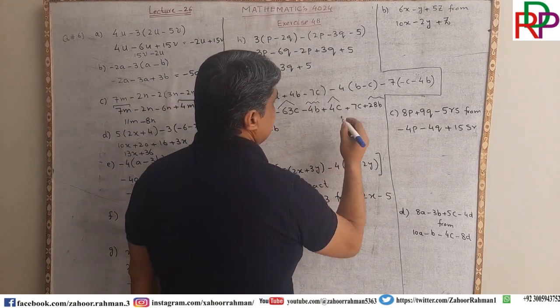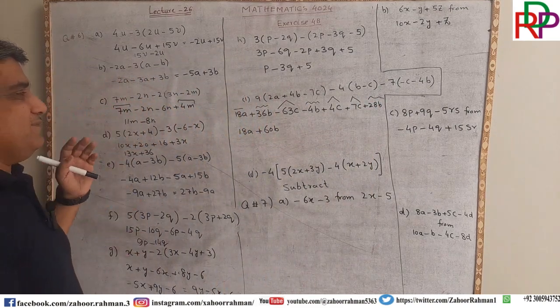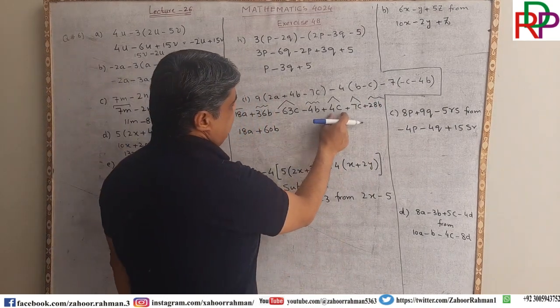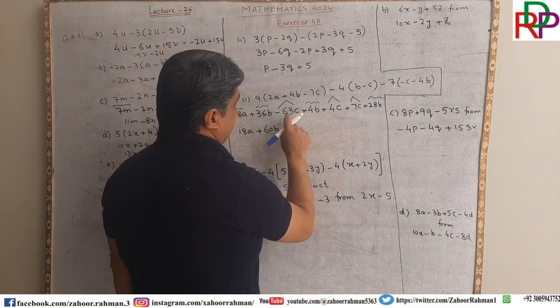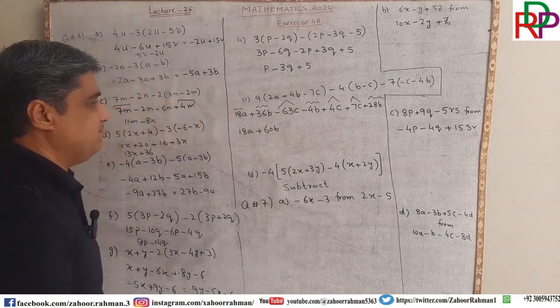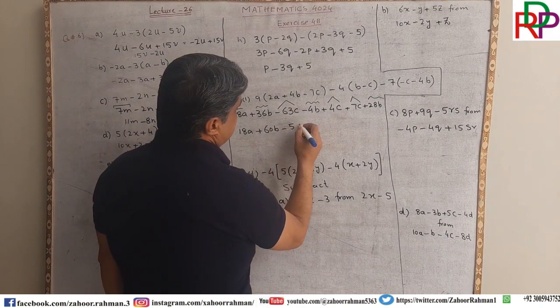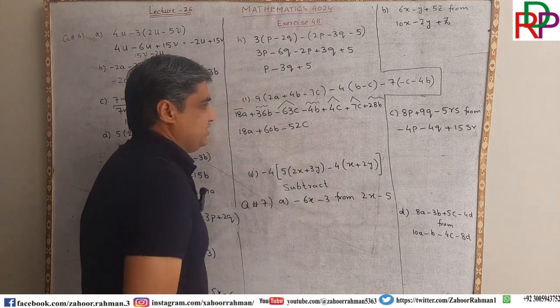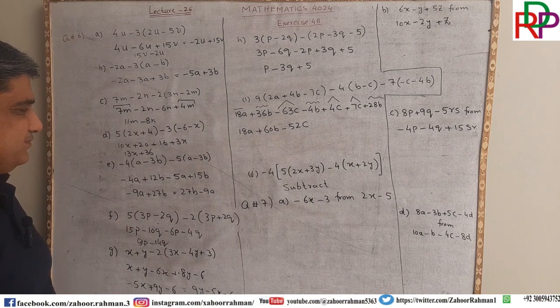This one is c, this one is c, and this one is c. First of all, we have to add the positives. 4c plus 7c means 11c, and when we subtract 11c from 63, it will give you minus 52c, and that is the ultimate answer.